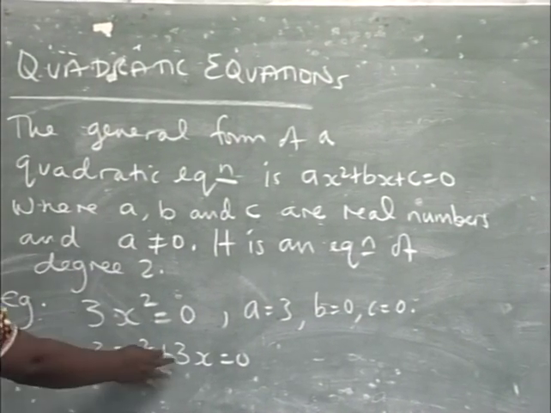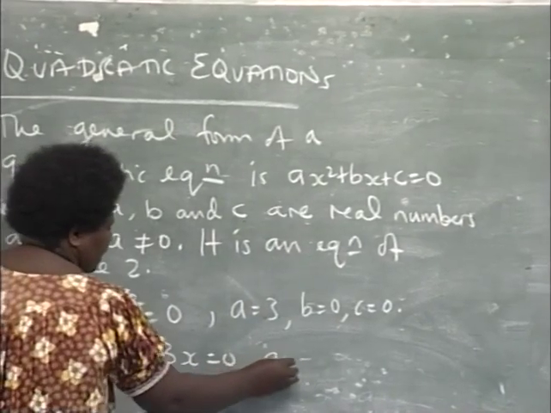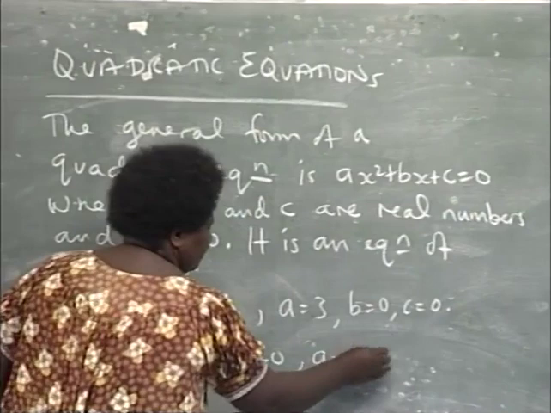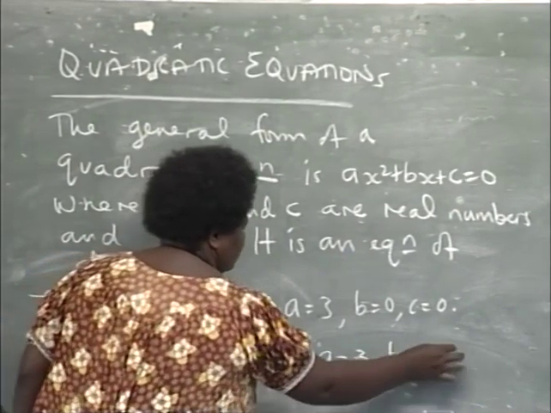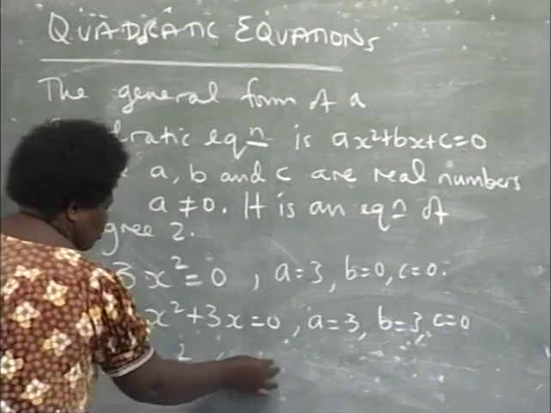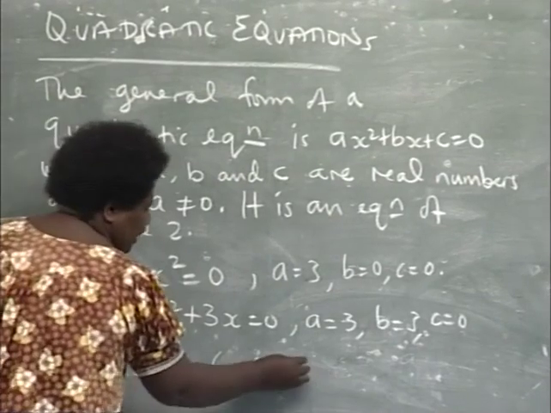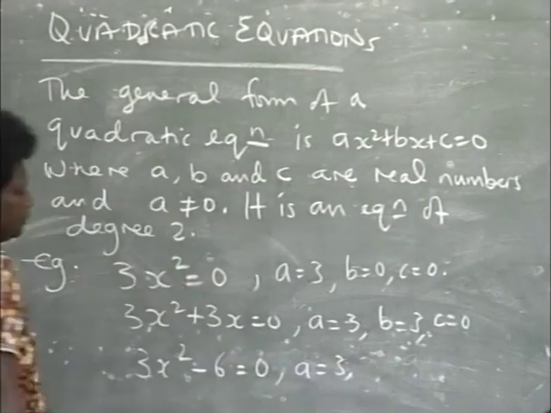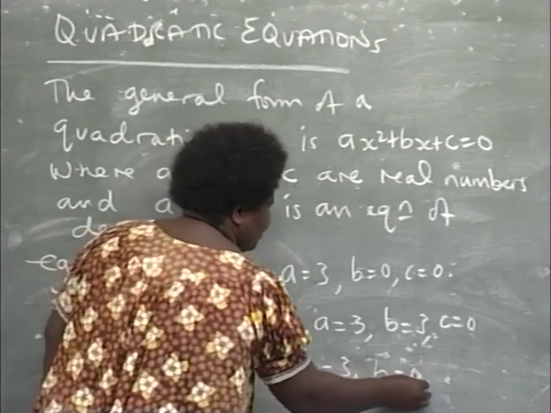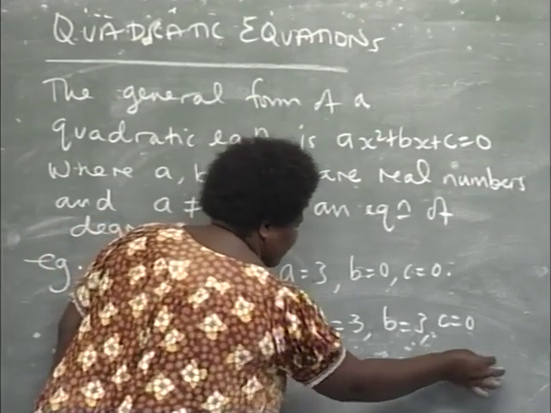All right, 3x squared plus 3x, what's the value for a here? 3. The value for b? 3. The value for c? 0. 3x squared minus 6 equals 0. The value for a is? 3. B? 0. C is -6.